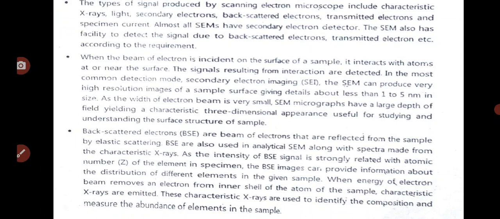The most common detection mode is secondary electron imaging, that is SEI, and the scanning electron microscope produces a very high resolution in the range of 1 to 5 nanometers. These characteristics give a three-dimensional appearance, which is useful for studying and understanding the surface structure of a sample.